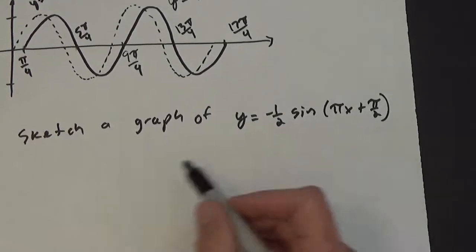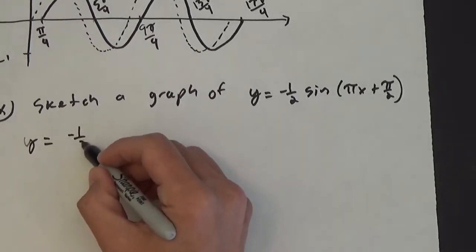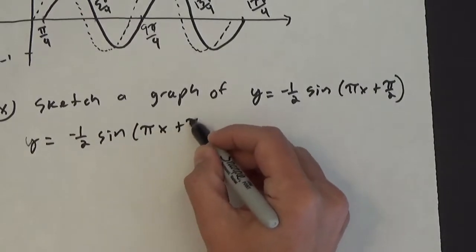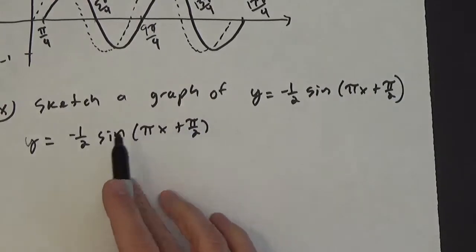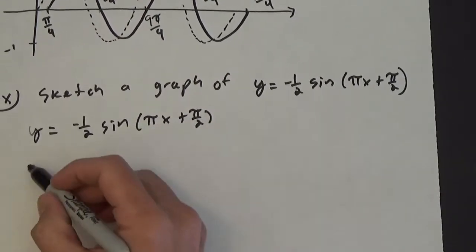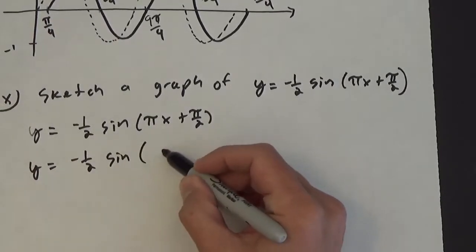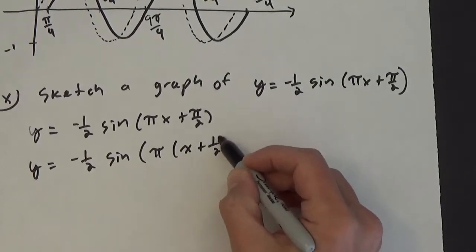When that happens, the first thing I like to do is rewrite this. We have negative 1/2 times the sine of pi x plus pi over 2. I like to factor out whatever this b term is first. So we have negative 1/2 times the sine of pi times x plus 1/2.